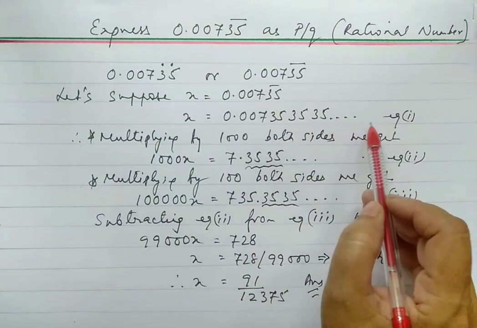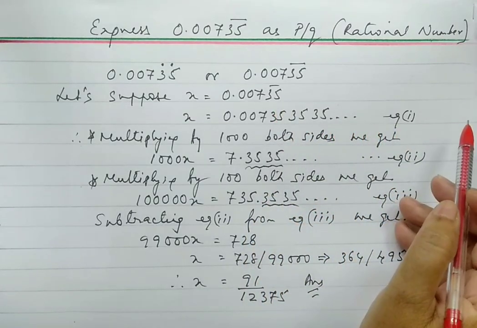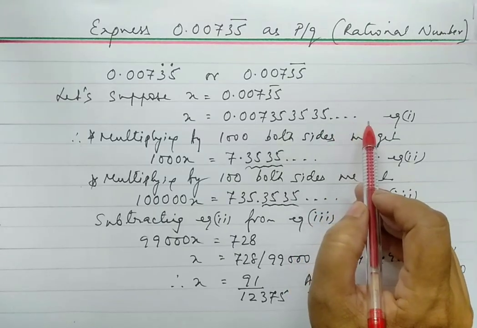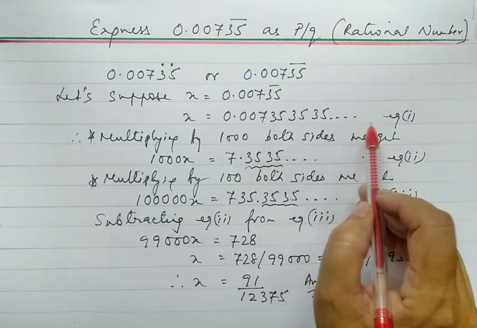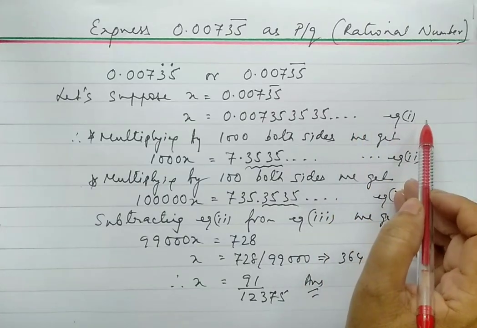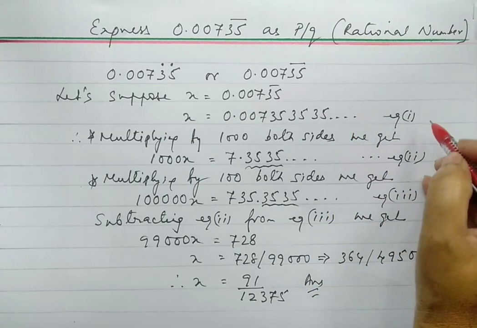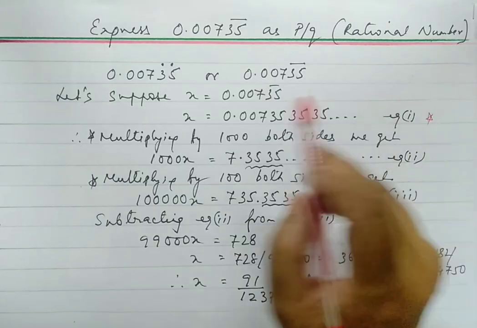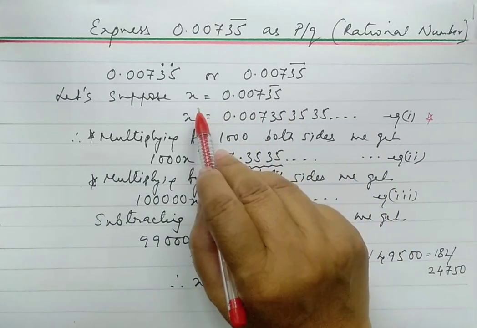It just goes on infinitely, right? So we put a dot to explain that this continues. This is repeating. It's non-terminating. All right. So this will be our first step. Remember, first step, suppose that this is equal to x.